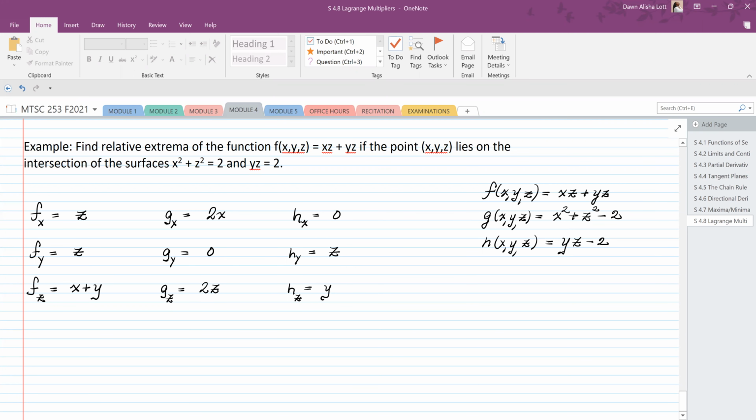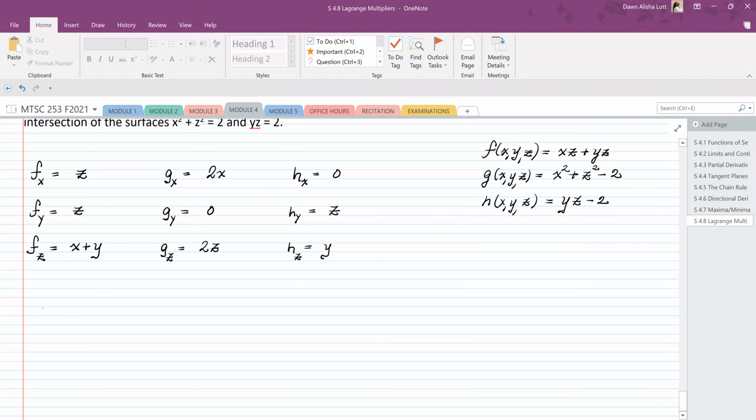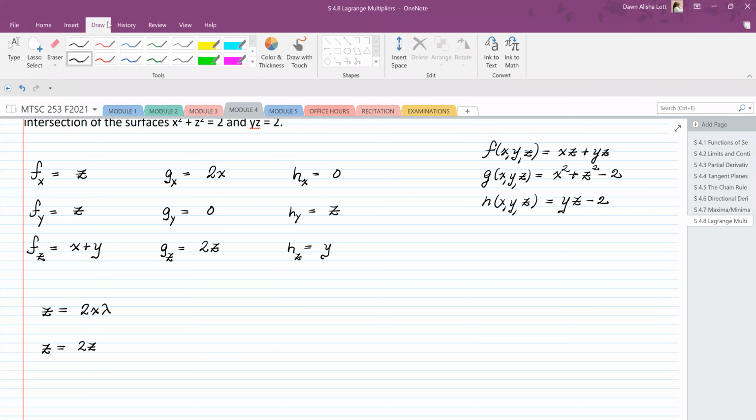All right. So now we're going to get z is equal to 2x times lambda. That's all we get. Then we get z is equal to z times mu, no 2.